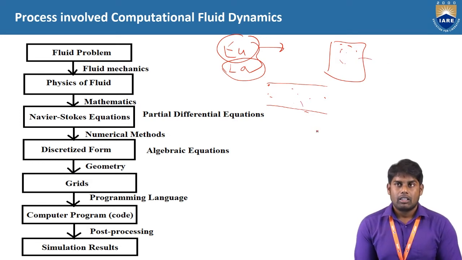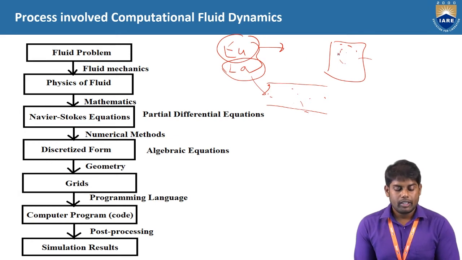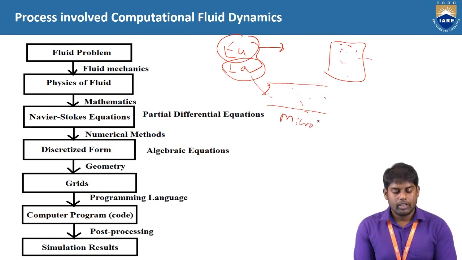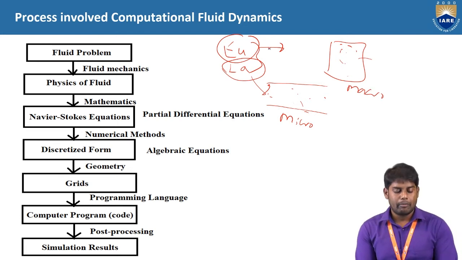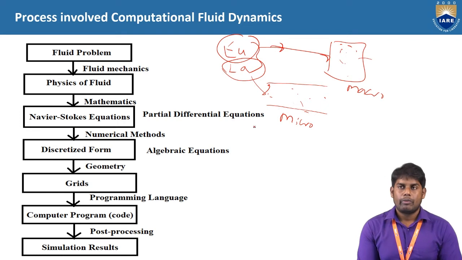In this case, the Lagrangian method is advantageous to find the flow properties. Here you can say this is the microscopic view, and this is the macroscopic view. In the macroscopic case the Eulerian method will be applied, but in the microscopic case the Lagrangian method will be applied.